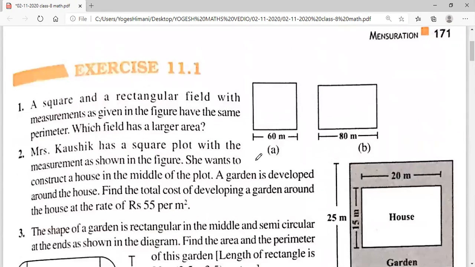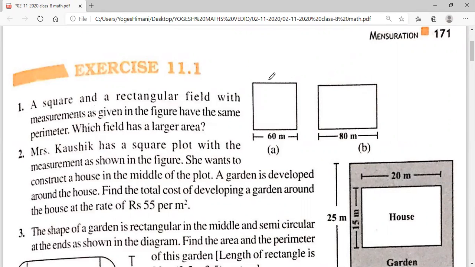Let's start our question number 1. The question number 1 of exercise 11.1 is that a square and rectangular field with measurement as given in the figure have the same perimeter. Which field has a larger area?